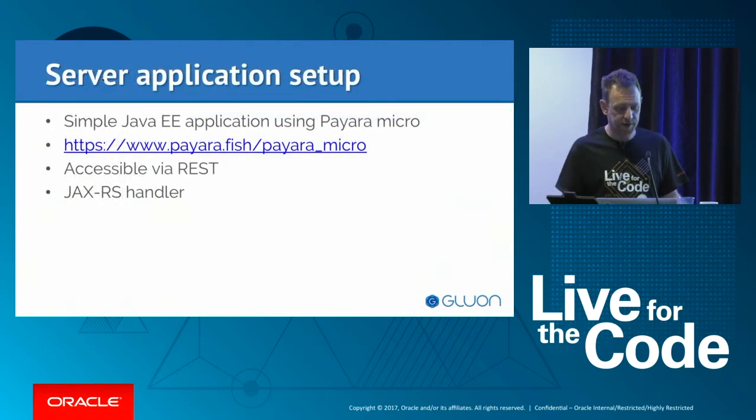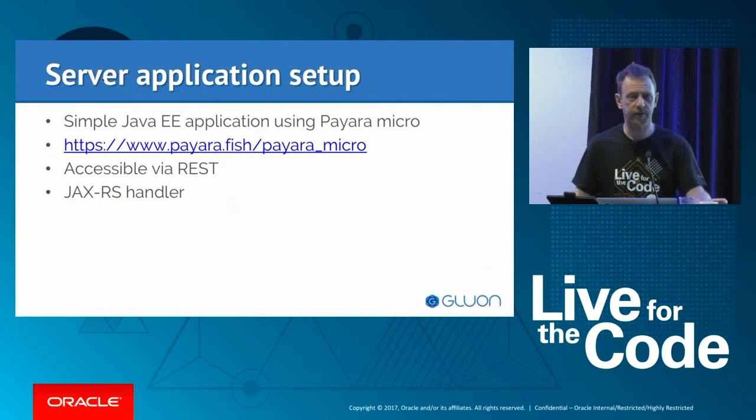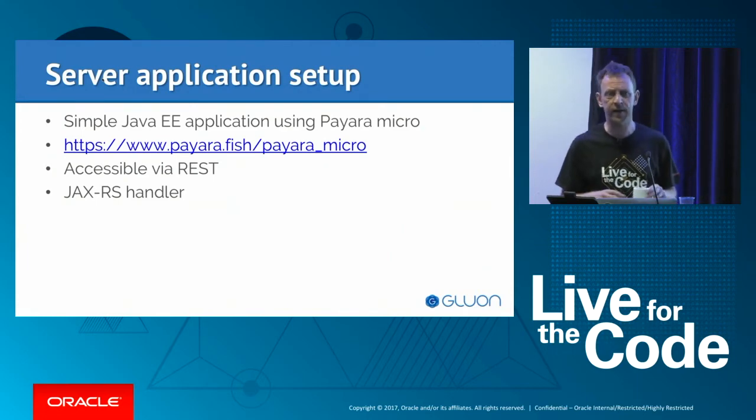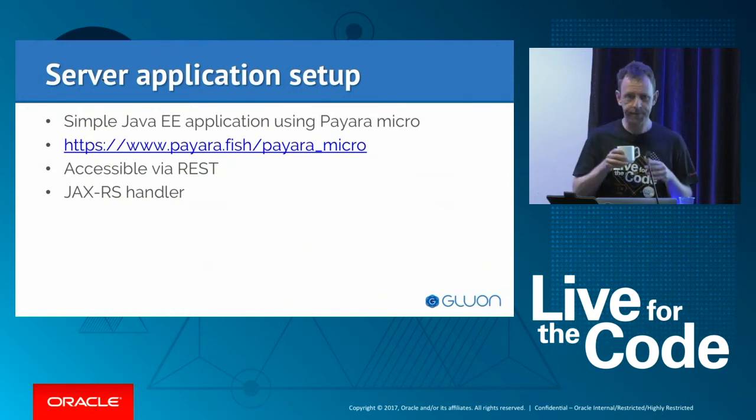So the server application, which is a part of the open source GitHub project as well, is using Payara Micro, which is the microservices edition of the Payara application server. Who here is familiar with Java enterprise development in general? Okay.